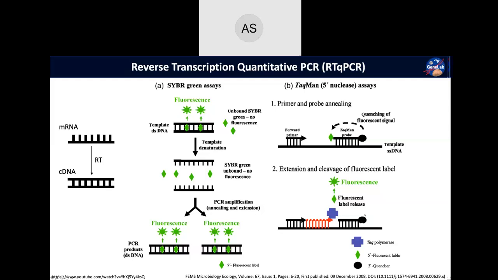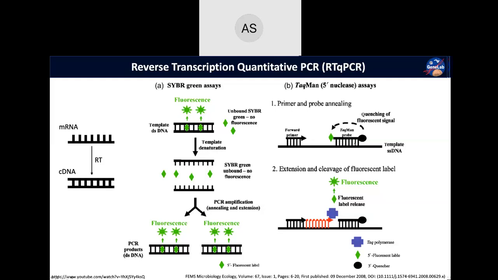And so initially, your TaqMan probe has this fluorescent signal, but it's being quenched by a quencher. And this is totally related to the proximity of the quencher to the fluorescent label. So as long as the quencher is close enough to that fluorescent label, it'll keep that signal quenched or silent, so that way you can't see the fluorescence.